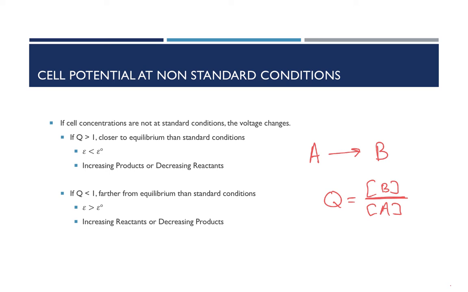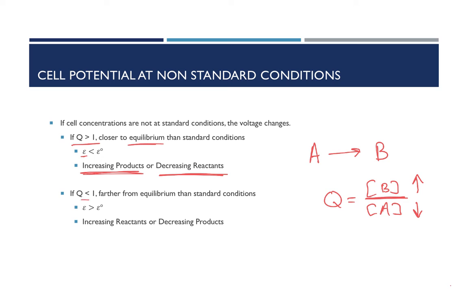So in terms of how we would actually produce that, if Q is greater than 1, we're closer to equilibrium, which means our voltage is going to be less. So how do I make Q get bigger than 1? Well, I jack up B and I decrease A. In other words, we would increase the amount of product or decrease the amount of reactants in our redox reaction.